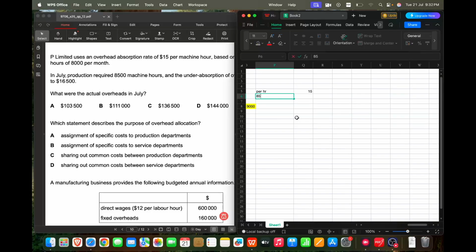So for 8,500 hours, how much is my cost? We can calculate this easily, which is 8,500 into 15, and that is 127,500. And this is your budgeted overhead.